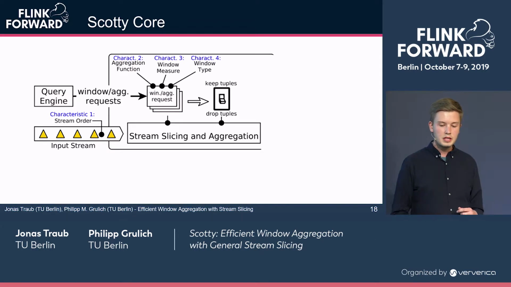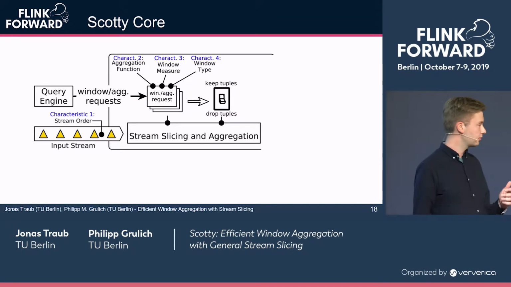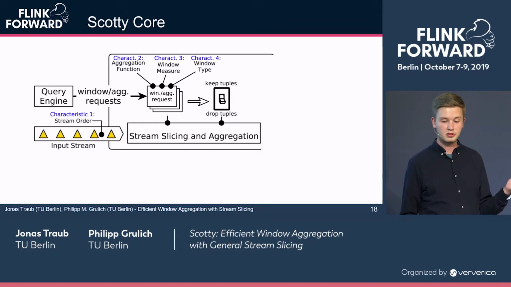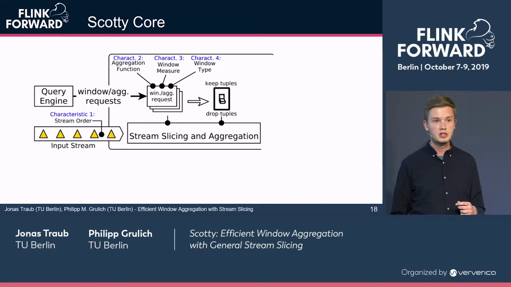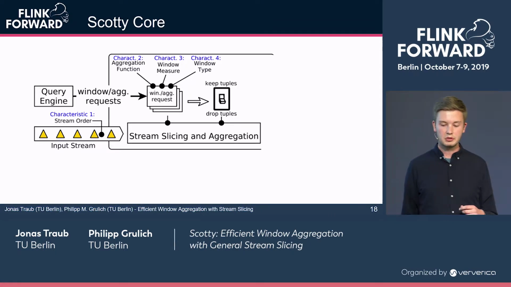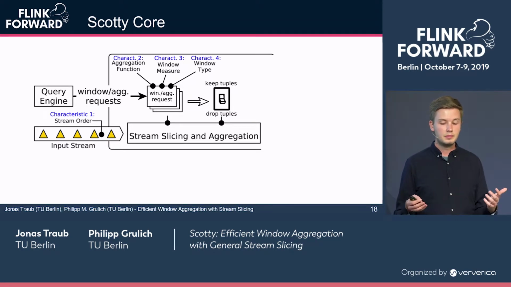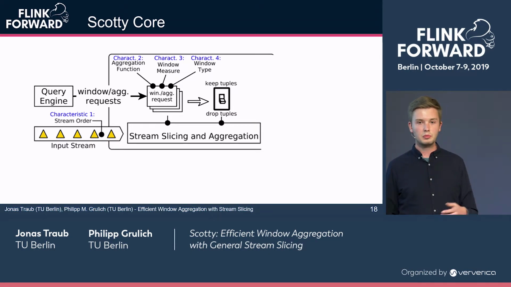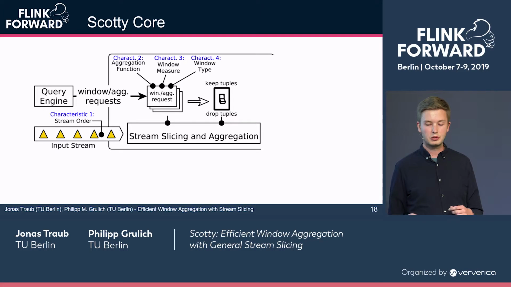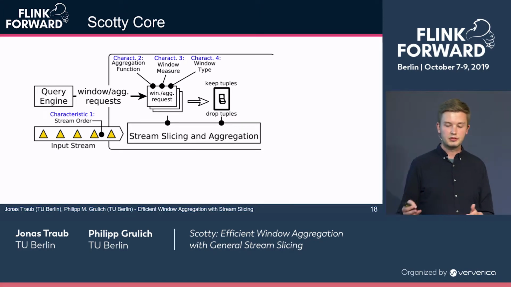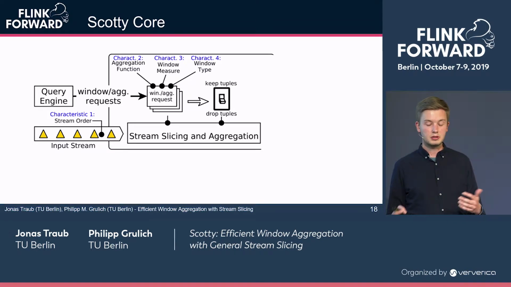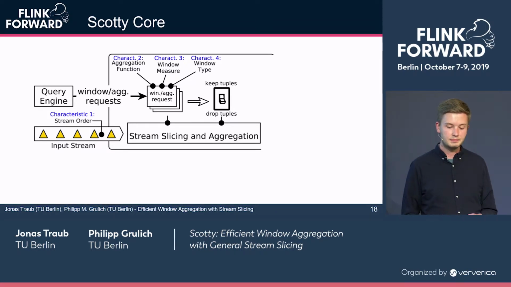To do so, it uses your window definitions, which always consist of the workload characteristics mentioned by Jonas: the aggregation function, the window measure, and the window type. With all this information, it can then choose the most optimal way to process your window aggregates, for example, if it has to drop tuples or if it has to keep tuples in memory.